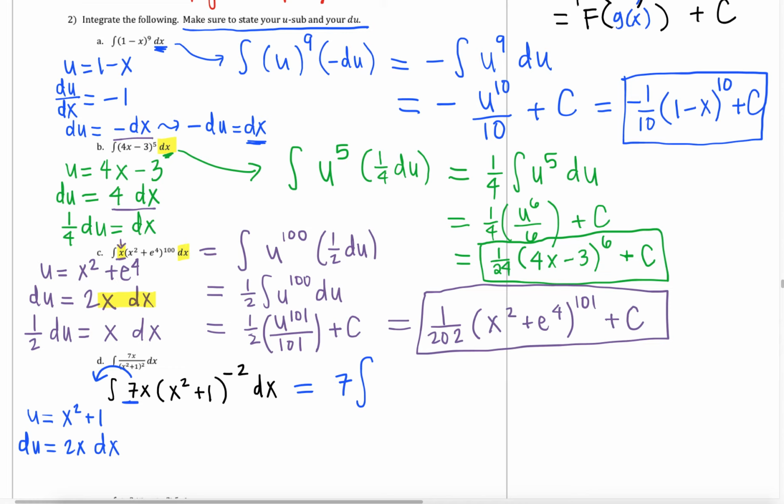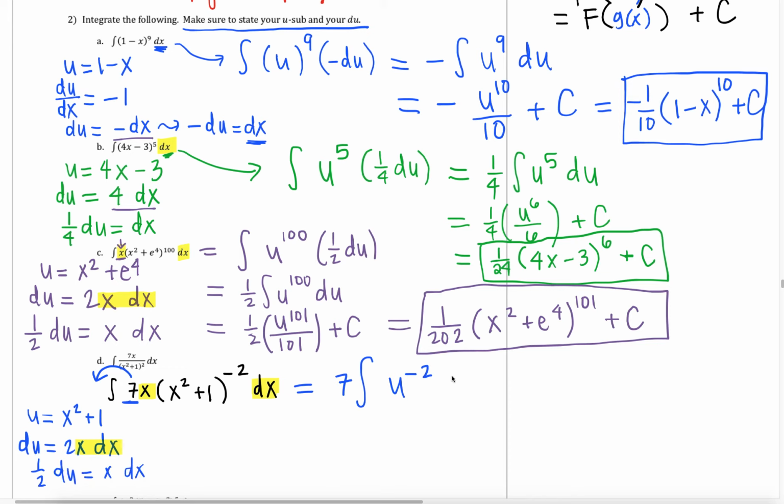Now the x we'll come back to, but that x squared plus 1, that becomes our u to the negative second. And what I'm left to replace, again, is this x times this dx. Well, we have that in our du equation. To get that by itself, I can again divide through by 2 and get 1/2 du equals x dx.